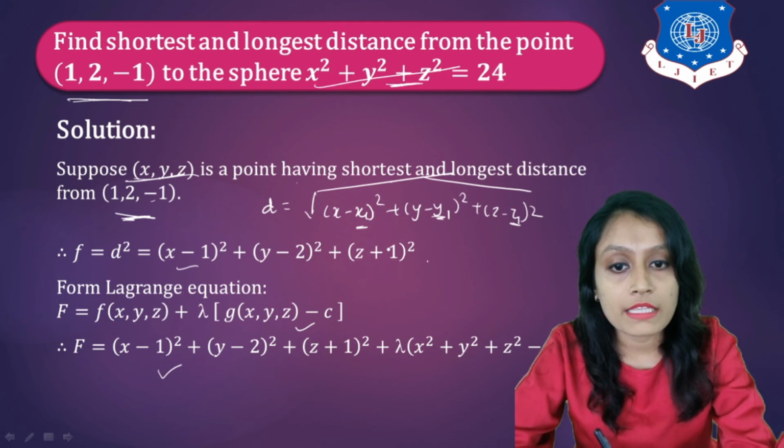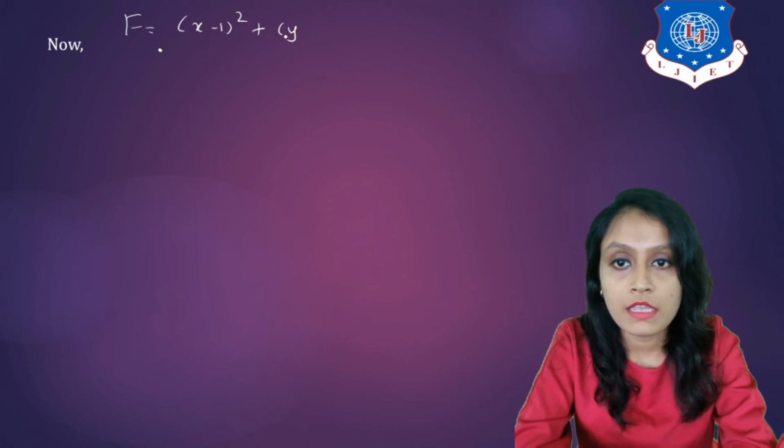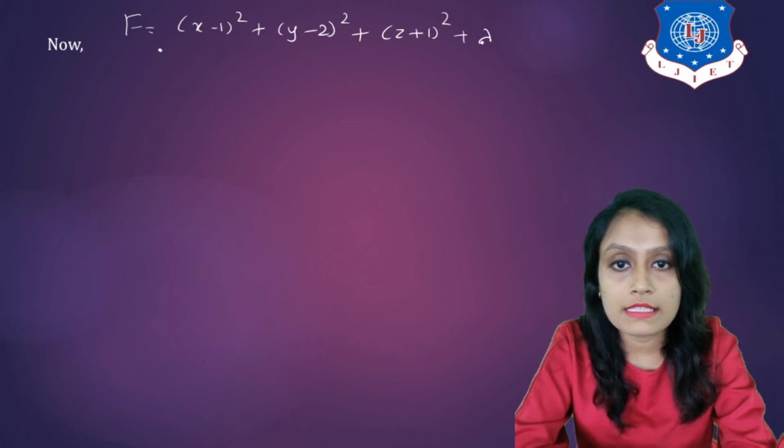Constraint is x square + y square + z square - 24. Now f is equal to (x - 1) whole square + (y - 2) whole square + (z + 1) whole square + lambda times (x square + y square + z square - 24).